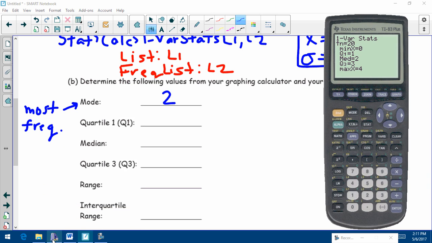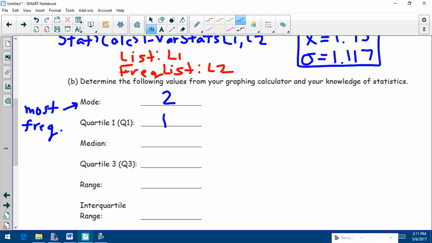These values we can get from our calculator. Q1 is 1, quartile 1. Quartile sounds like quarter, 25%. That means 25% of the data is below that value. Maybe I should say at or below.